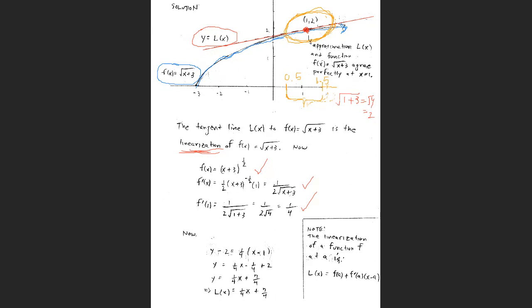As you know, y minus y naught equals m times x minus x naught. The slope here is equal to f prime of 1. Okay, and a equals 1. That's our a.